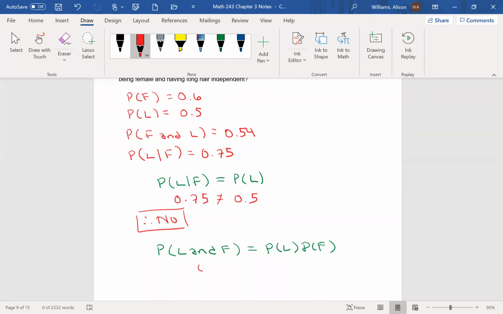The reason I'm bringing it up is maybe they don't give us the conditional. Maybe they give us the other pieces of information. So this is how we would check. We would do 0.6 times 0.5. And that's going to come out to 0.3, which again is not equal, which I knew. All right, so no, they are not independent. They do depend on each other. Being female does affect whether or not somebody has long hair in this class.